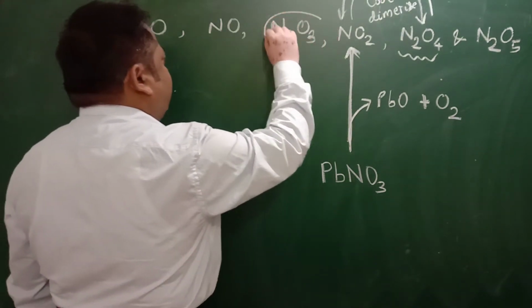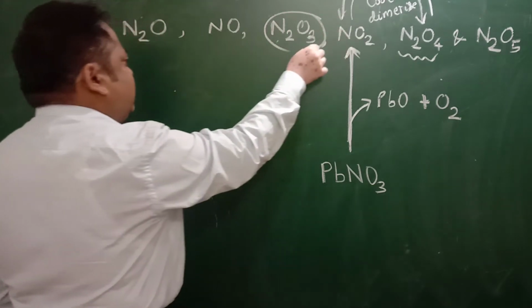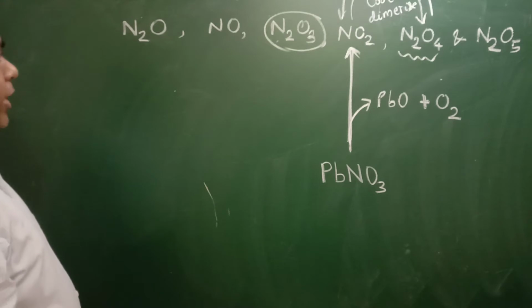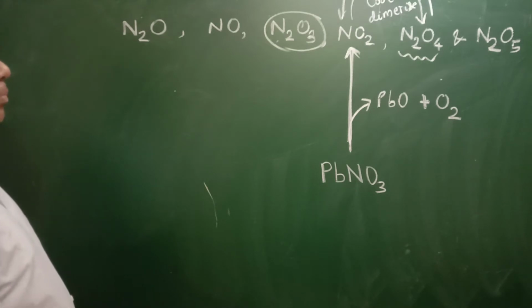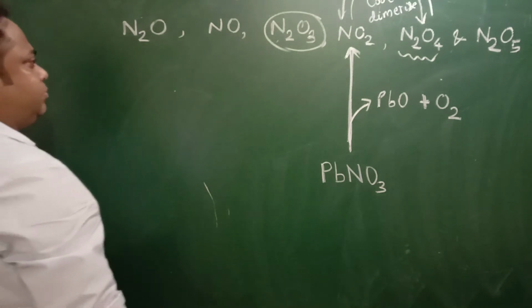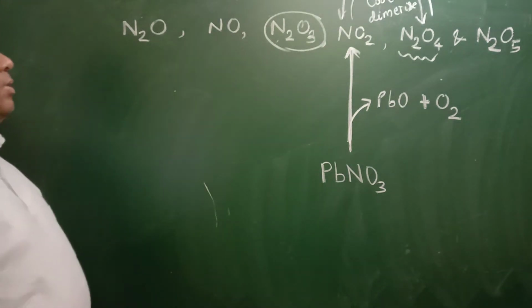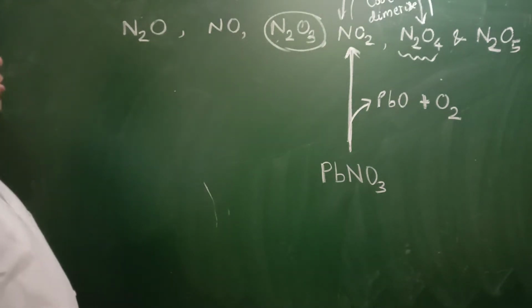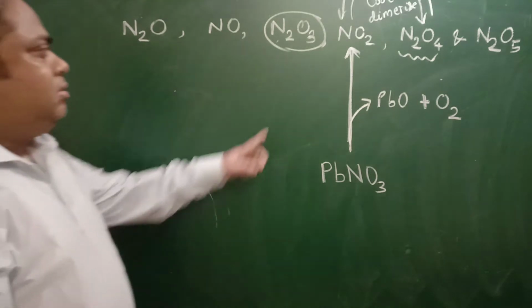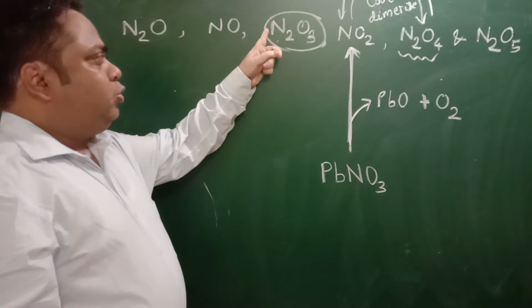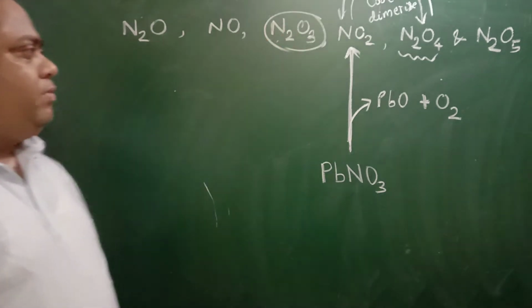Next is N2O3. How to remember the reactions involved in the preparation of N2O3? What we can do, we can take one NO gas and another such kind of gas which can produce 6 oxygen atoms, such that if we take 2 mole of this, then O6 we will get.